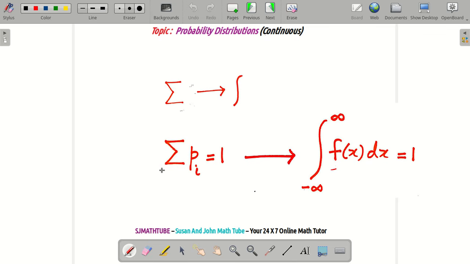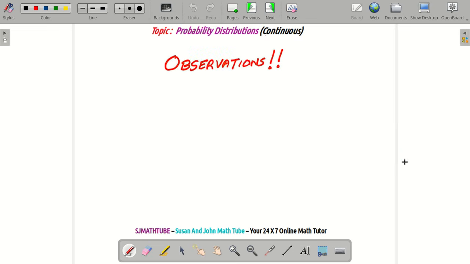Take a look at this. Sigma will become integral, and our p_i values, the probability outputs, are nothing but our function values. The sum of all the probability values is equal to 1. Same thing, the continuous summation of all the probability values is equal to 1.